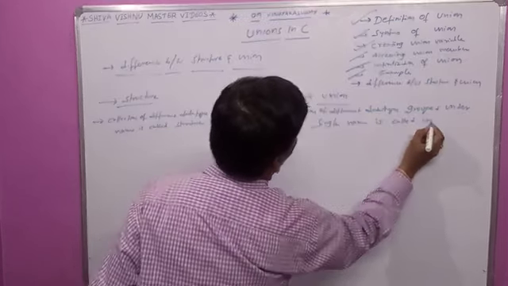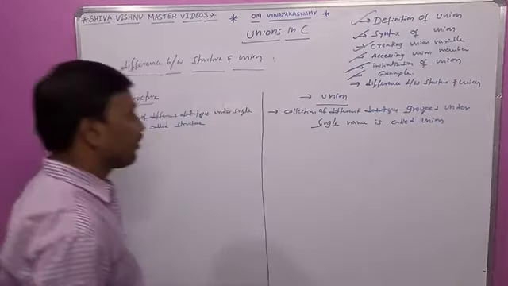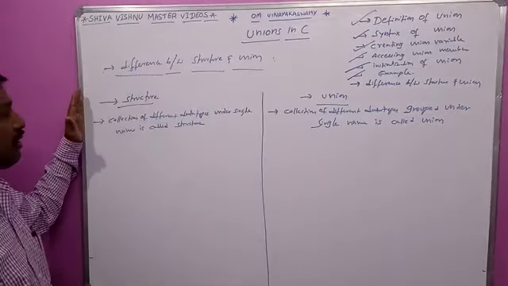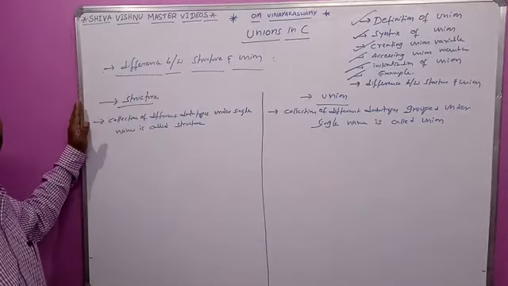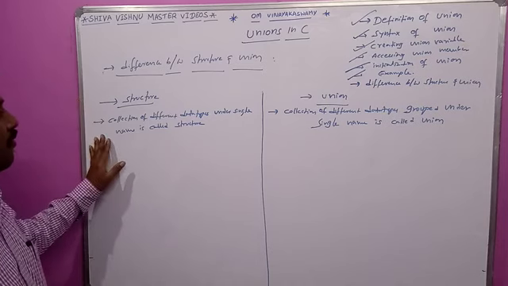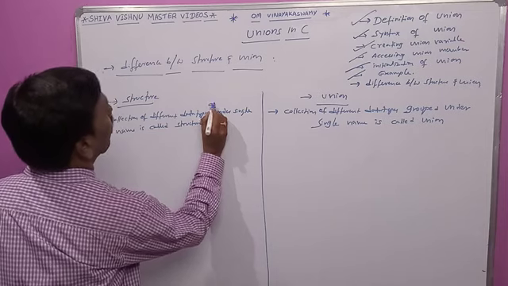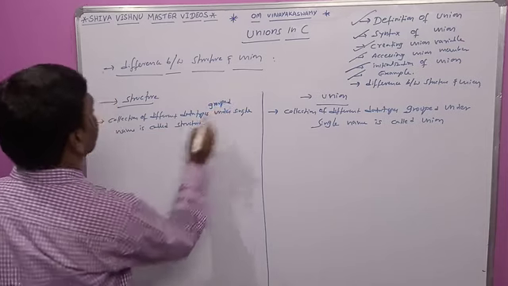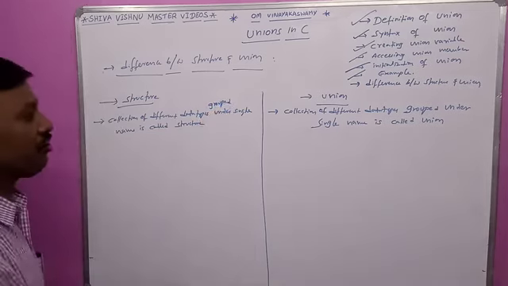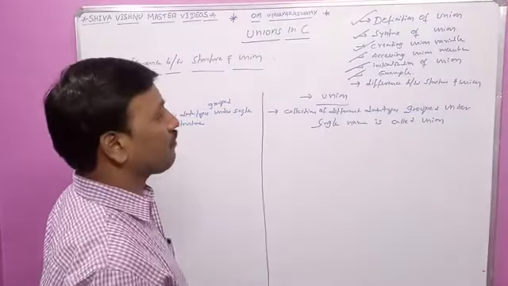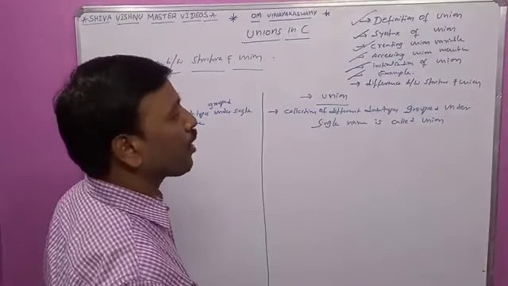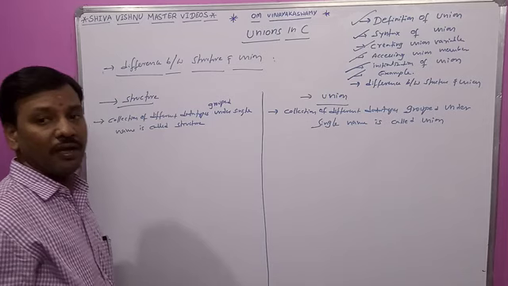The definition is the same. Here you can see the same definition for structure, and union also has the same definition: a collection of different data types grouped under a single name is called a structure, or a union.